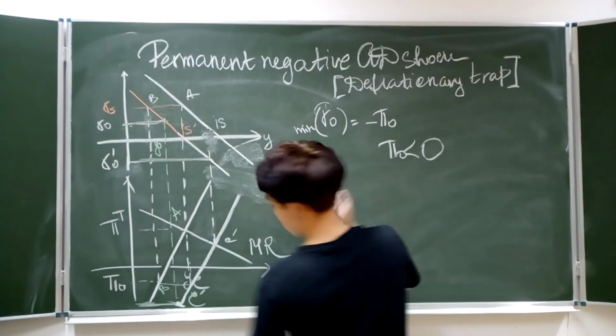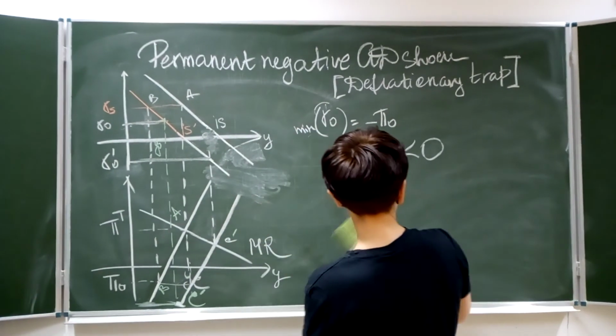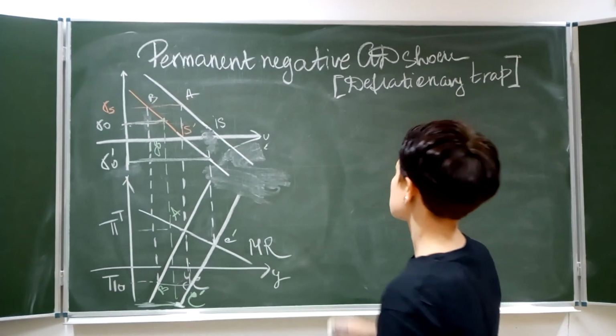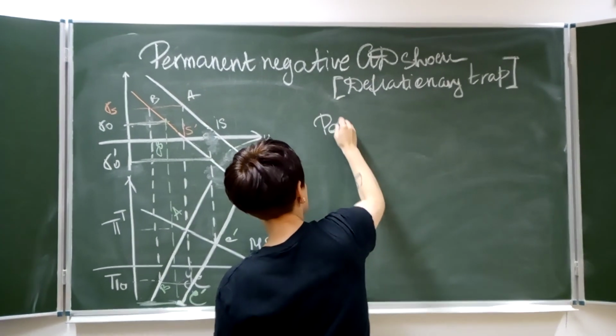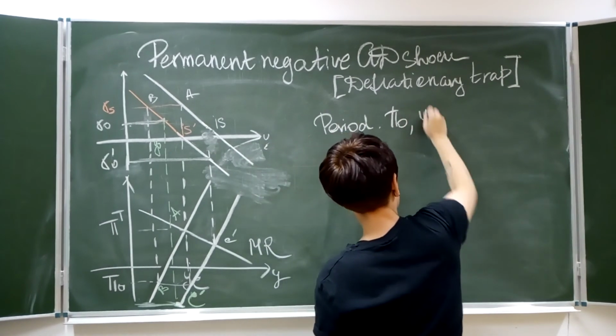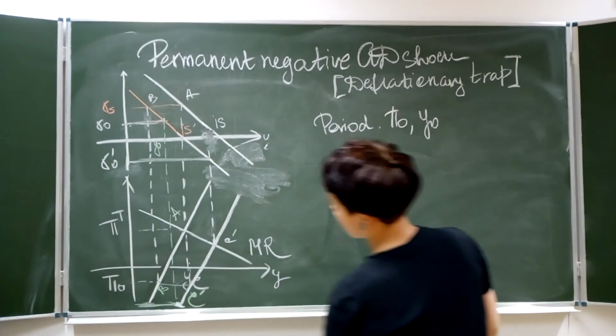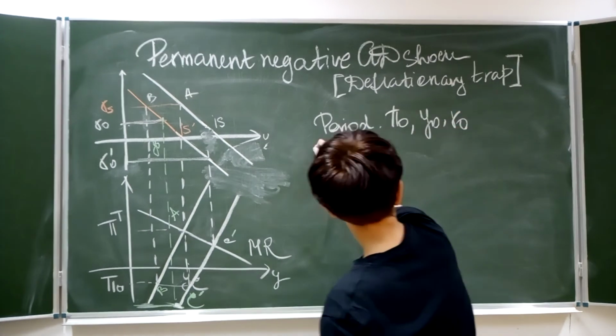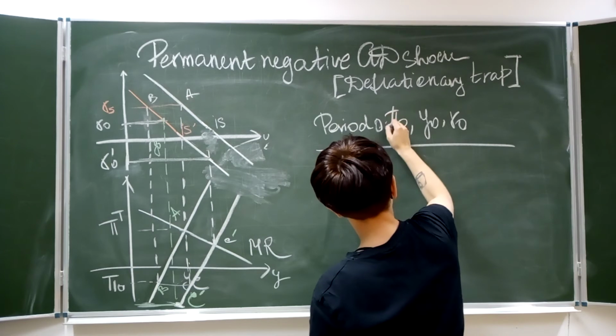So again, let's just summarize what happens in this graph. In period 0, we end up with pi 0, y0, and r0. Period 0.